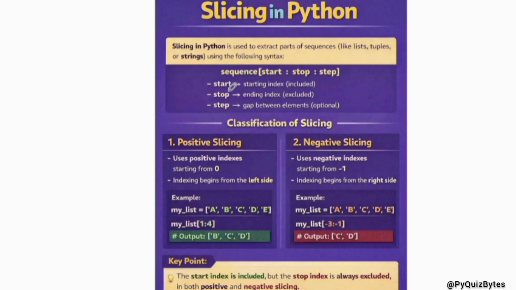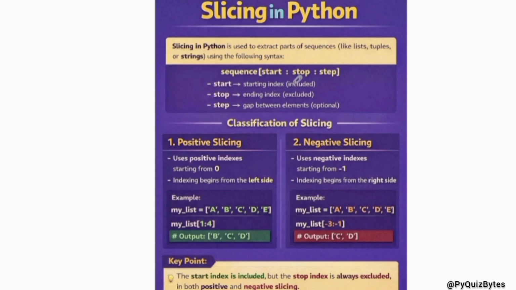Coming to the next parameter, stop, it is the ending index, that is excluded, meaning it will specify where the slicing has to end. By default, if you don't specify the stop, it will take the length of the collection.